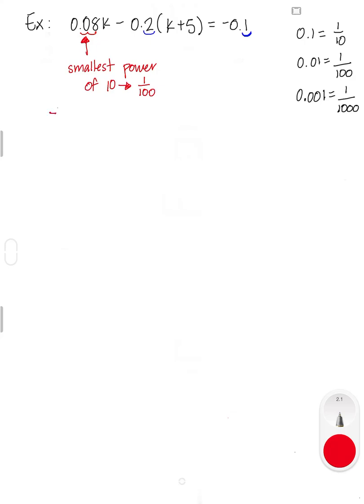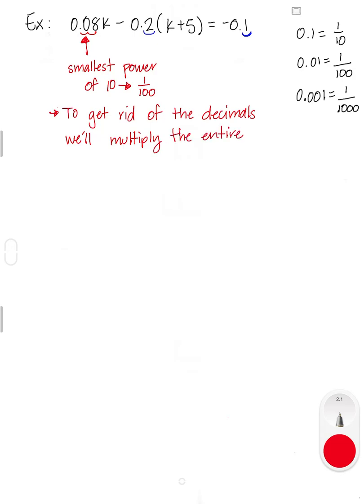So to get rid of the decimals, we're going to go ahead and multiply the entire equation by 100.